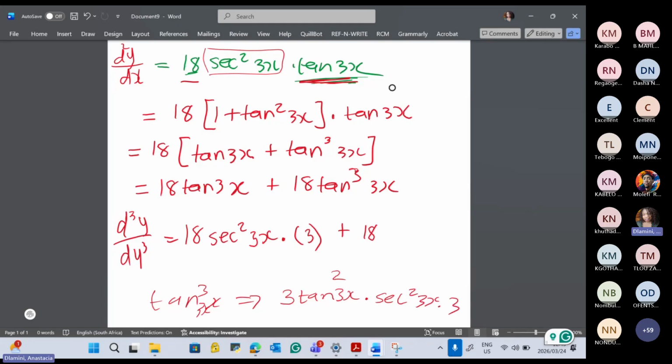Is that clear, guys? Yes, ma'am. Okay, so let's put it in. So that is the derivative of this, isn't it? So it's 3 tan squared 3x times sec squared 3x times 3.